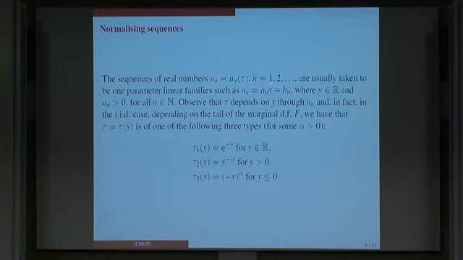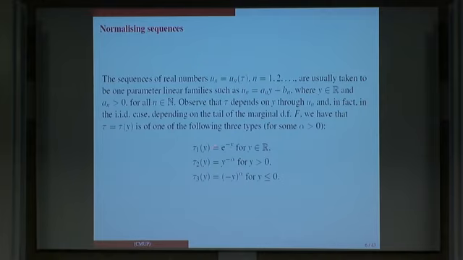So if you study linear sequences, which means that u_n is basically of this shape, depending on some y, and you put the condition that n times the probability of X_0 being larger than u_n goes to some tau, then this tau is going to depend on y. And one can actually show that there are only 3 types of tau of y that can appear.